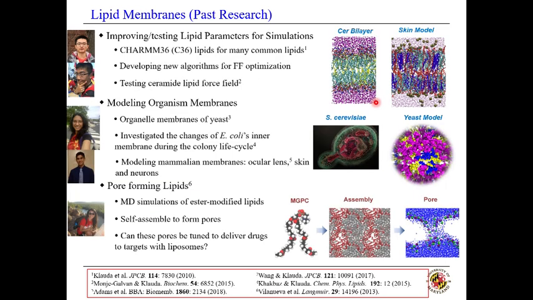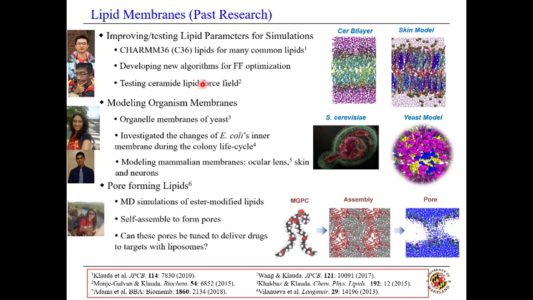One aspect in the lab is to focus primarily on the lipids. Yalun's work is on developing and improving our force field that describes the interactions between lipids in our simulations. He's developing a new computational algorithm to predict how a change in parameter will ultimately affect many different properties.